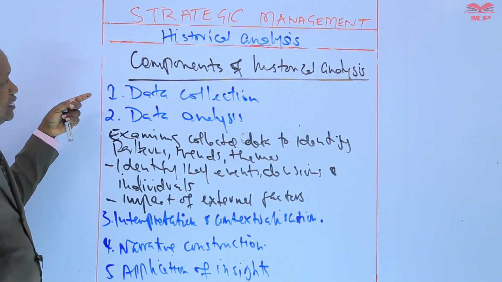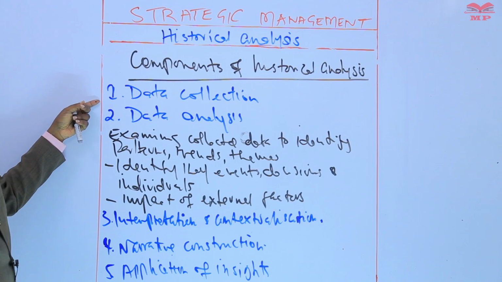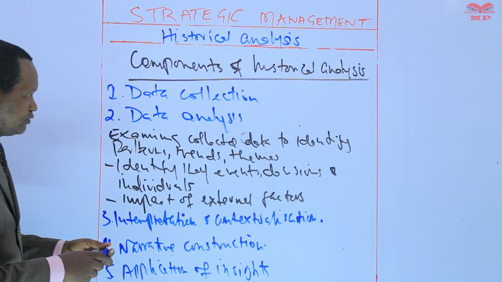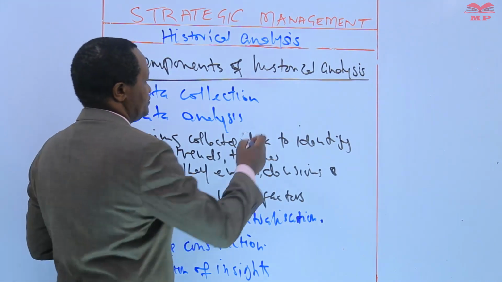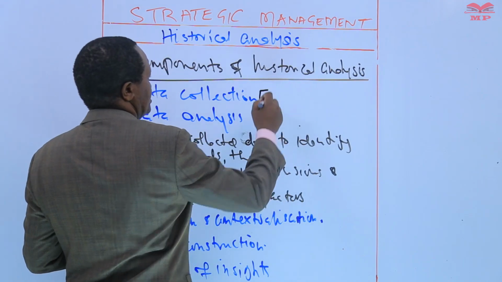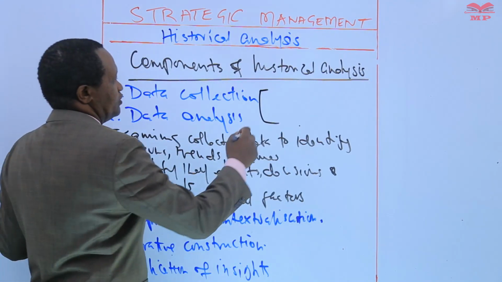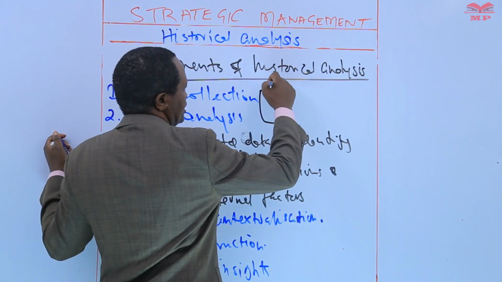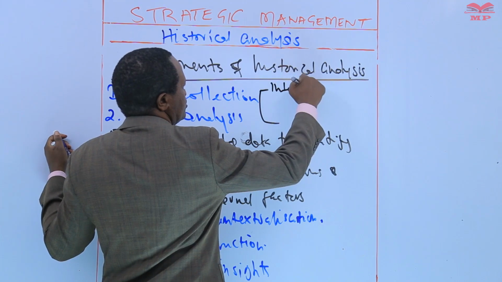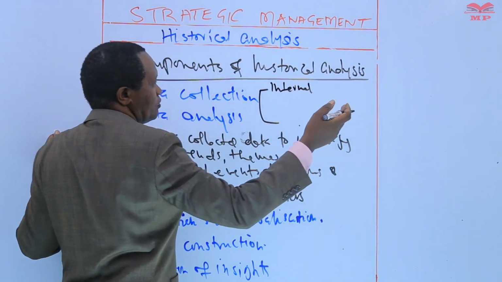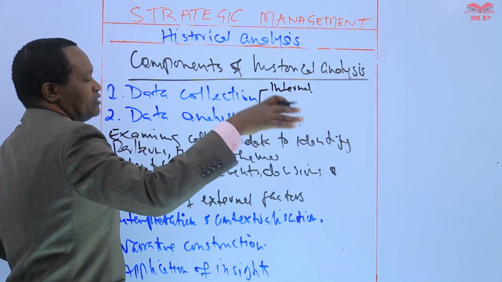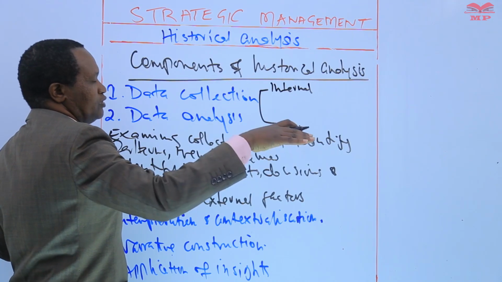So these are the key components of historical analysis. Number one, we said collect the data, and we saw that this data can be collected from various sources. It can be collected from internal sources, through documents, records, and so on.